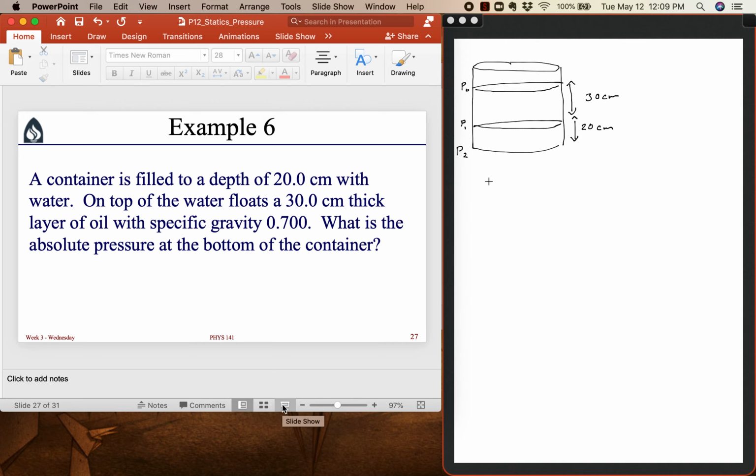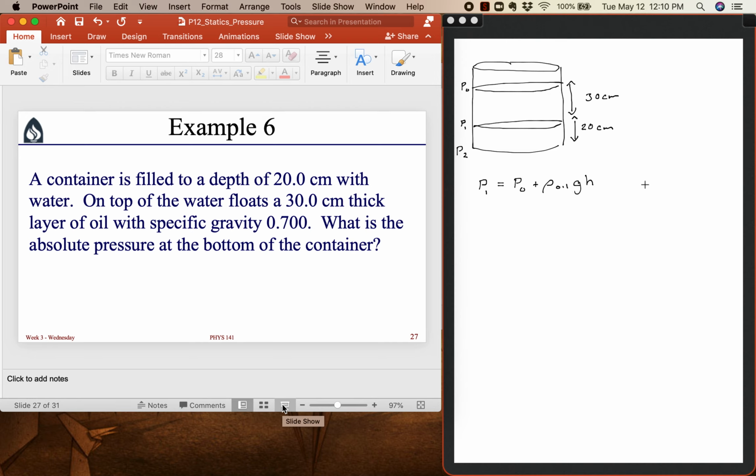If we want to find this difference in pressure, then the pressure at point 1 at the bottom of the oil is equal to the atmospheric pressure plus rho for the oil times G times the depth of the oil. So we need to figure out the density of the oil. We're not told the density, instead we're told the specific gravity.